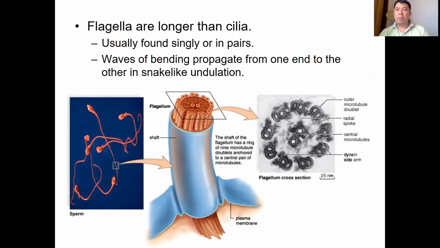Flagella are longer than cilia, so normally found in one or in a pair, that means 2. A wave of bending propagates from one end to the other in a snake-like undulation. For this one you can refer to the video that I sent to you before regarding the locomotion of sperm.